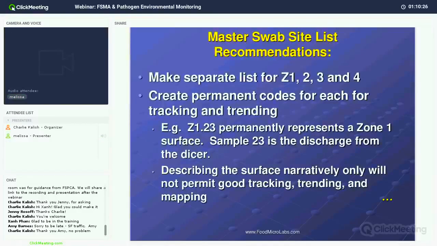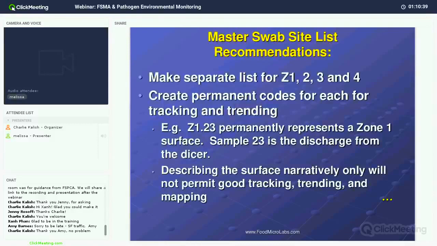And if you get rid of that dicer, you retire that number. If you replace that dicer, the same number gets assigned to it, and if you add another dicer, it might be relative to dicers. So it'll still be Z1.23, and it's going to be maybe a composite of dicers.